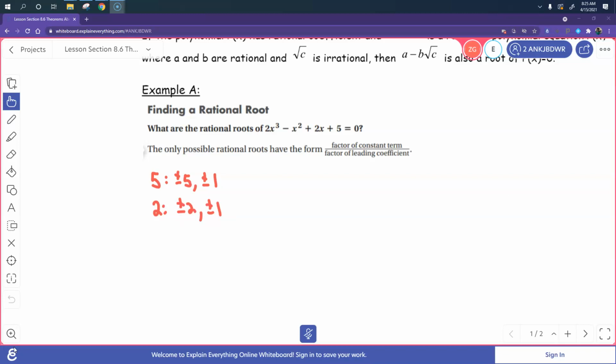So we know that the answer could either be, and I'm going to go ahead and write the ratio here. So we have plus or minus 5, plus or minus 1, over plus or minus 2, plus or minus 1.